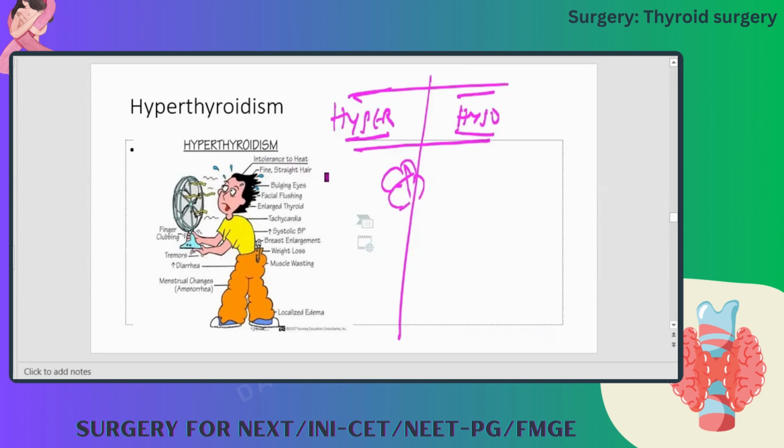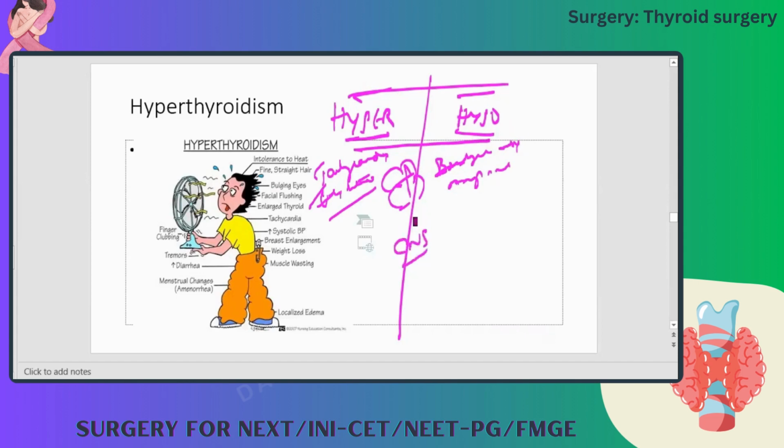Increased heart rate. Tachycardia, palpitation. Hyper in cardiovascular: tachycardia, palpitation. In hypo, bradycardia and arrhythmia are seen.